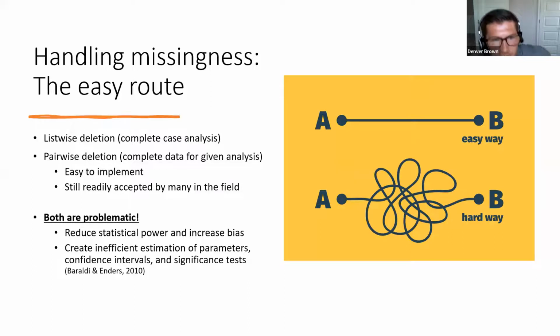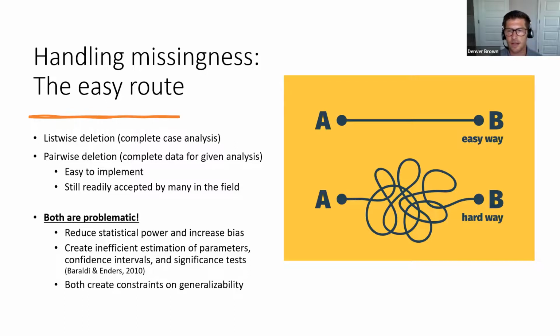Due to losing all these cases within our analysis, we also create inefficient estimation of our parameters, our confidence intervals, and our significance tests. We might have less precise estimates, but our estimates might also be off by, I don't know the exact effect size, but in the example that I'll provide later, you'll see how dramatic this can be.